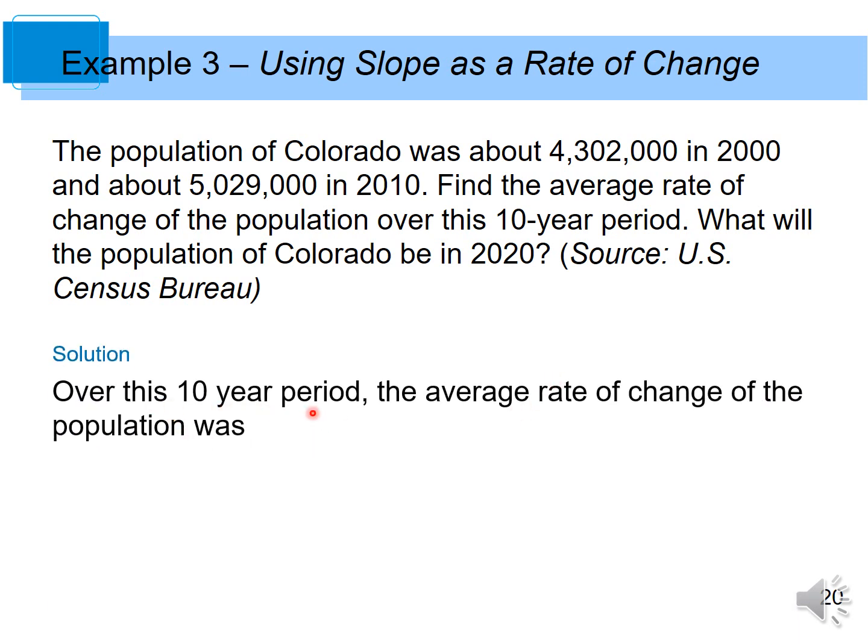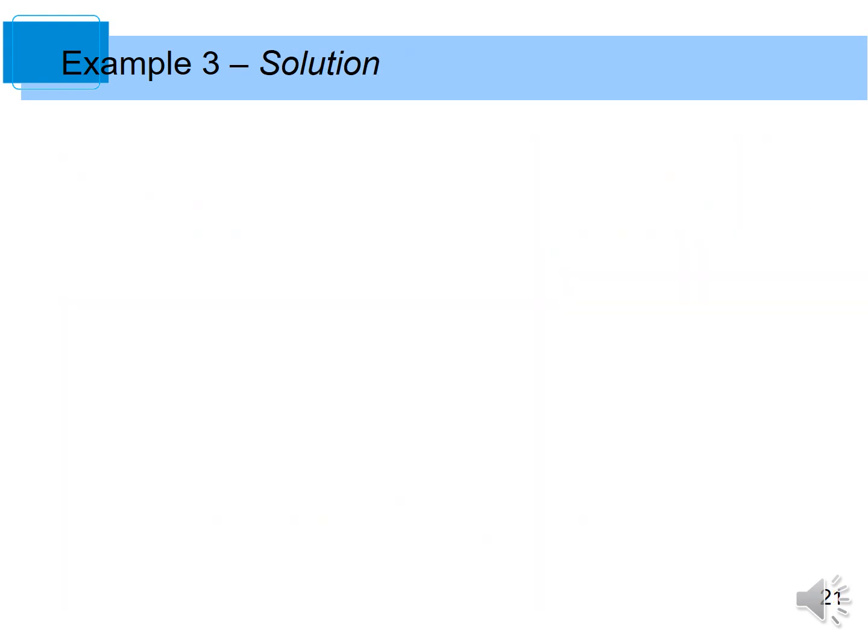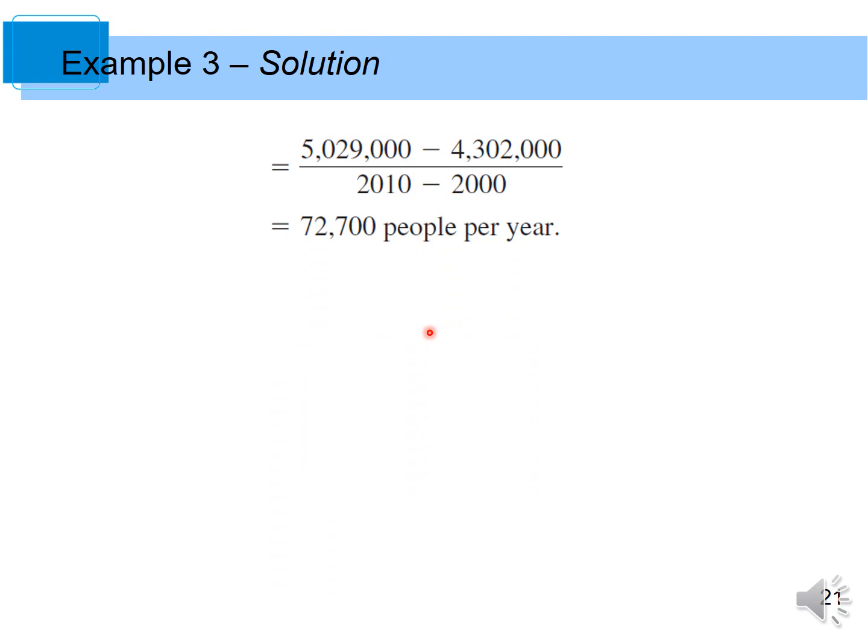Over this 10-year period, meaning from 2000 to 2010, the average rate of change of the population was the change in population divided by the change in years. You substitute all the given values and simplify, and you will get 72,700 people per year.